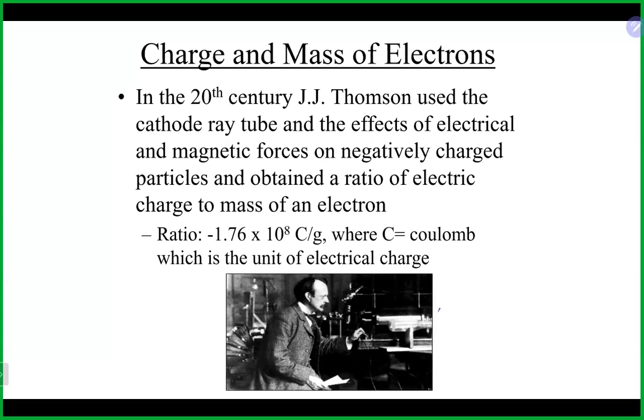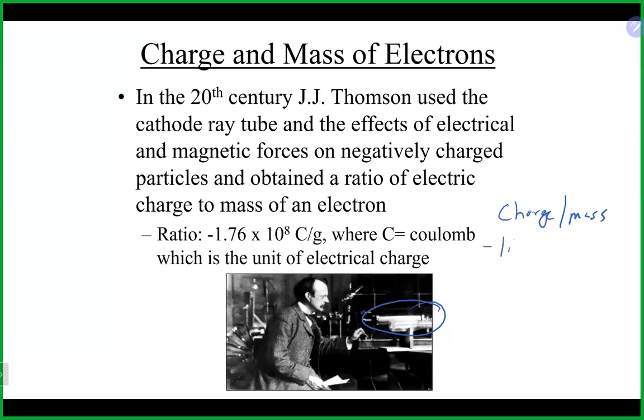There he is. There's his tube right there. And one of the things that came out of Thomson's experiment with the CRT is he was able to figure out the charge to mass of an electron.